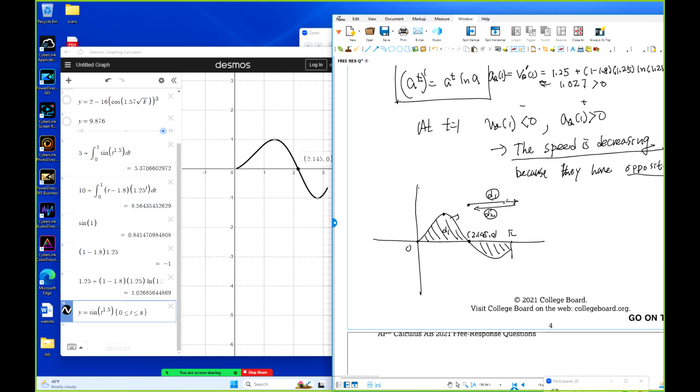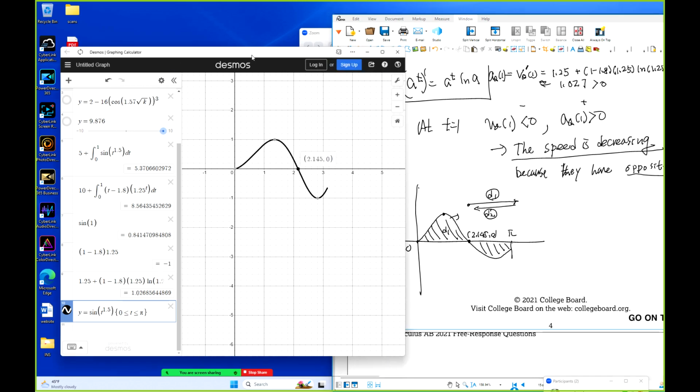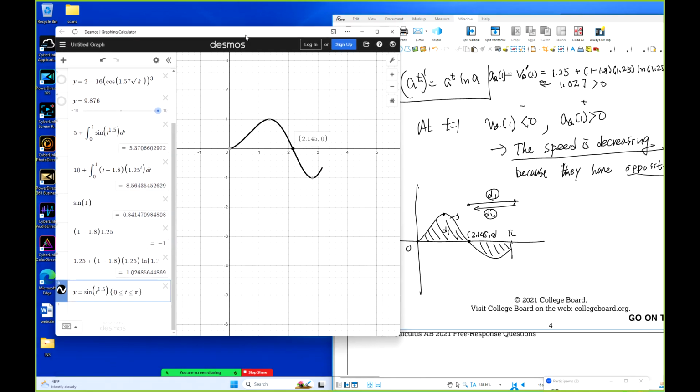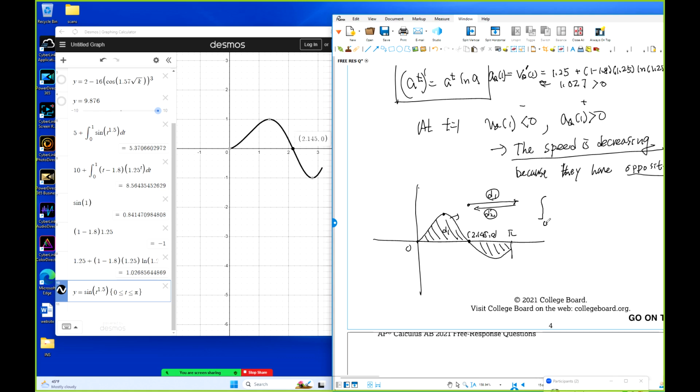All right, now let's find this graph. The first one is we take the integral of this one, from 0 to 2.145 of sine t to the 1.5 dt.